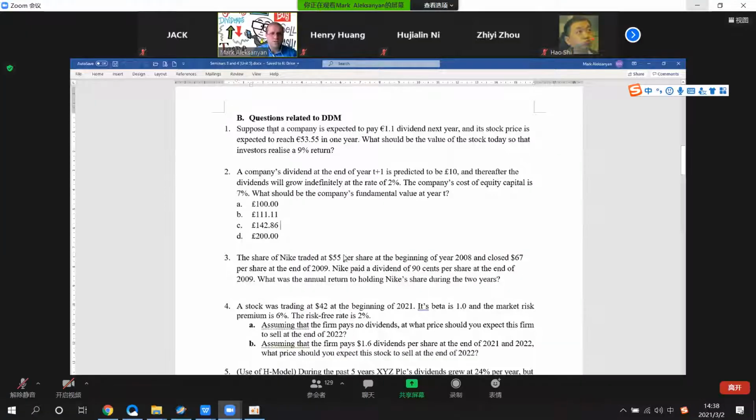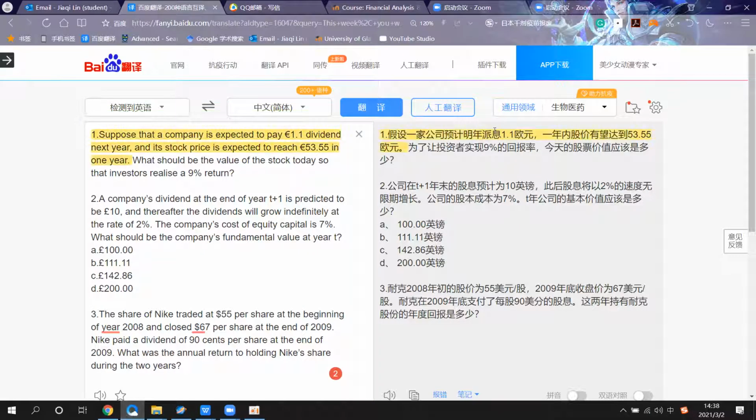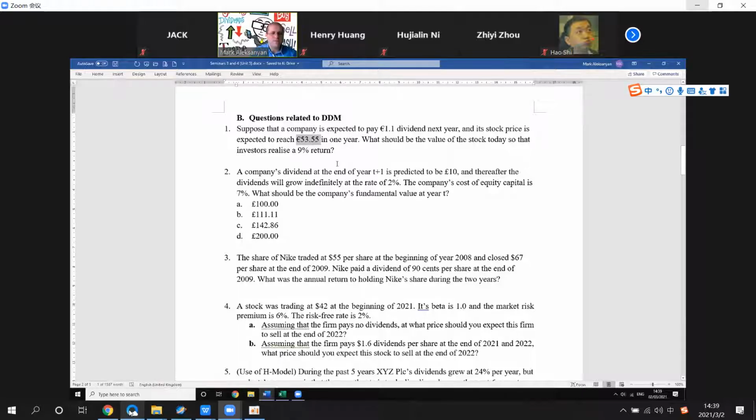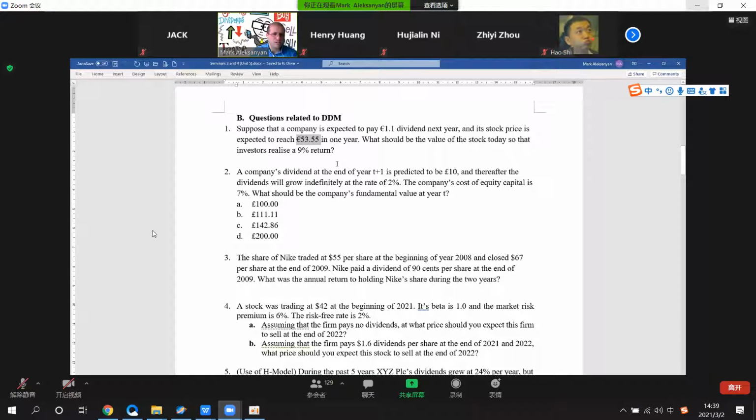The first question is asking, suppose your company is going to pay 1.1 euro dividends next year, and the price of the stock 1 year from now will be 53.55 euro. What should be the fair value as of today? I think this is a very basic question, isn't it?